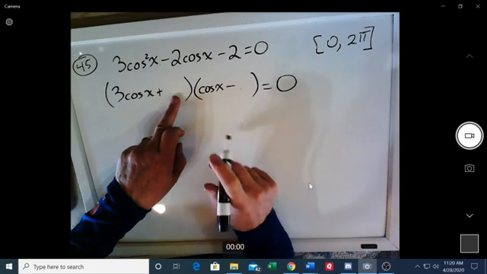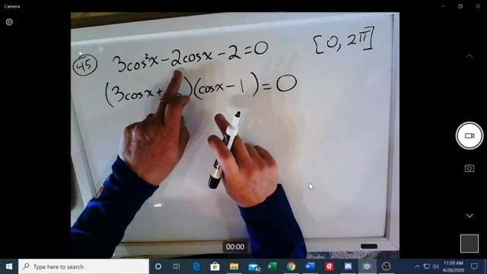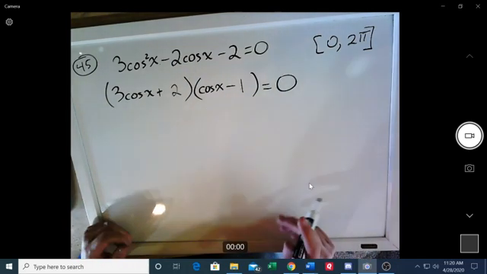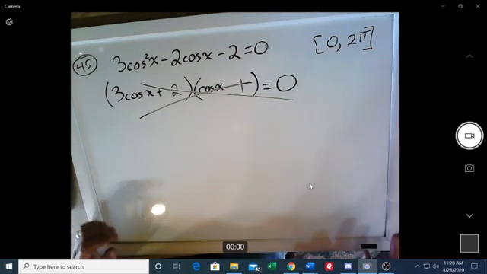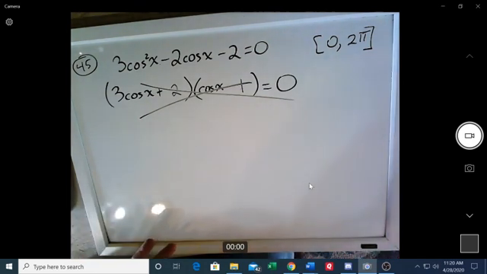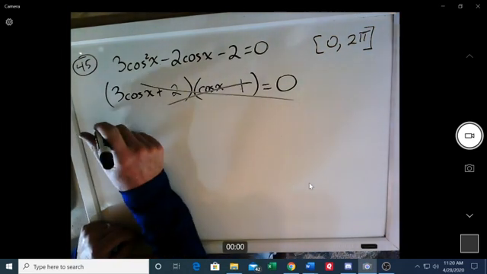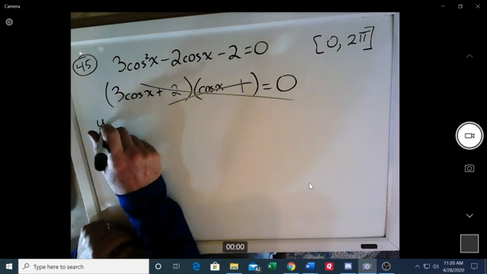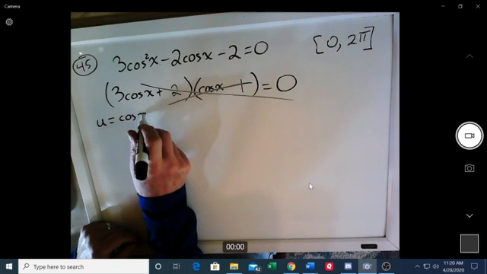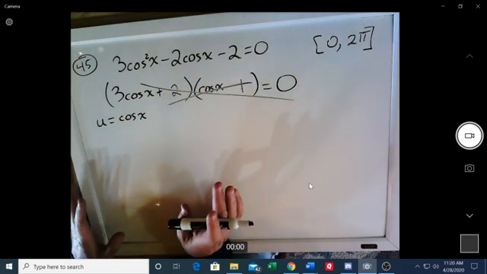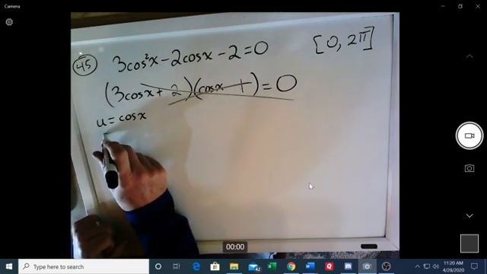If I put the 2 here, I'm not going to get a 2 middle term, I'll get a 1 middle term. So it doesn't factor. So the only way to do this is with the quadratic formula. So if you recall from last time, you can use u equals, so you're creating a new letter. And then I'm going to rewrite the equation.